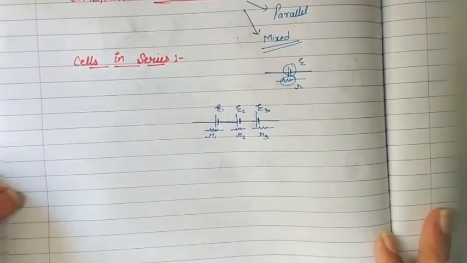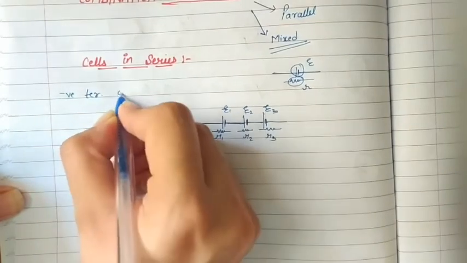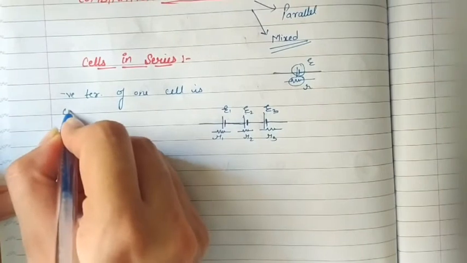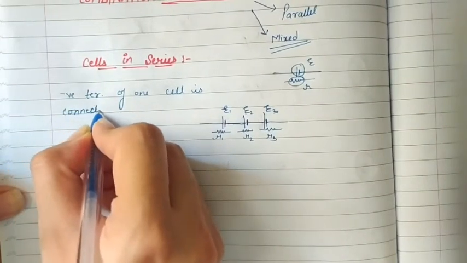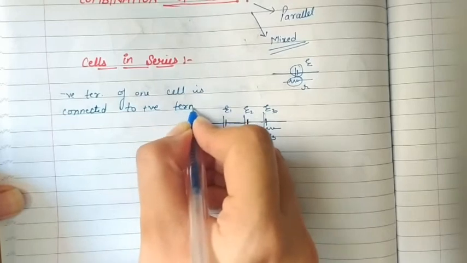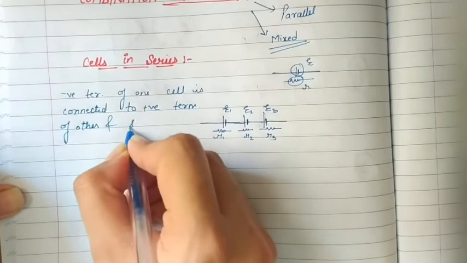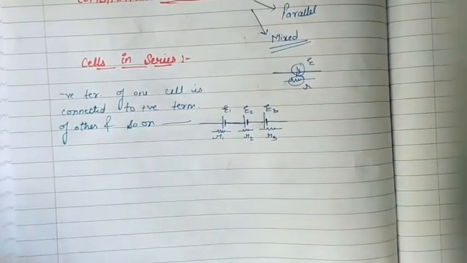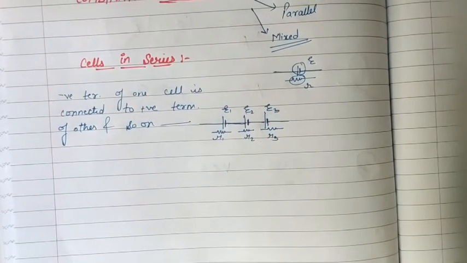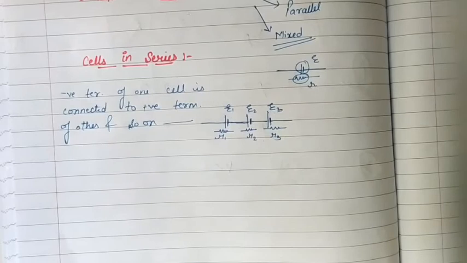We can write it as when the negative terminal of one cell is connected to the positive terminal of another, and so on, like the process goes on. It can be up to n number of cells, and then the whole setup of cells is said to be in series.